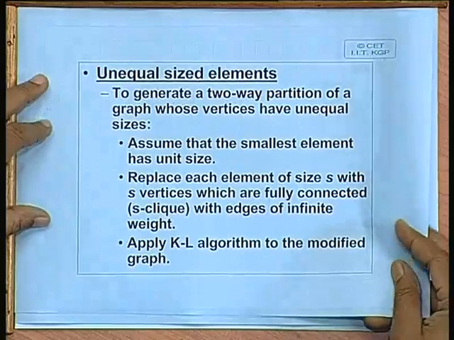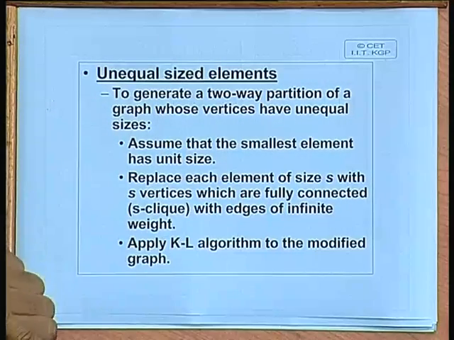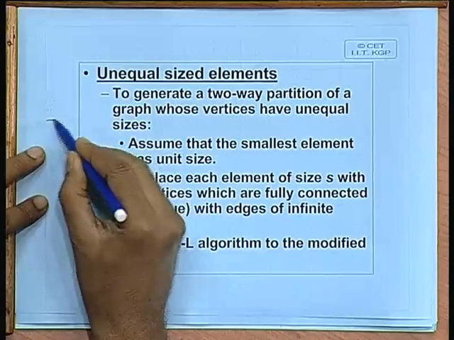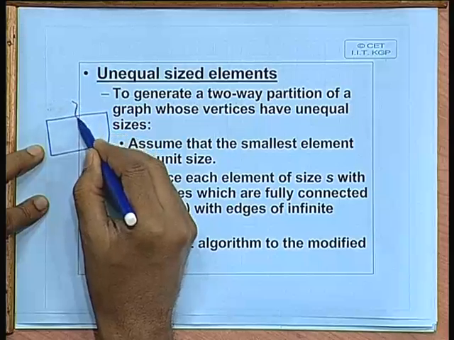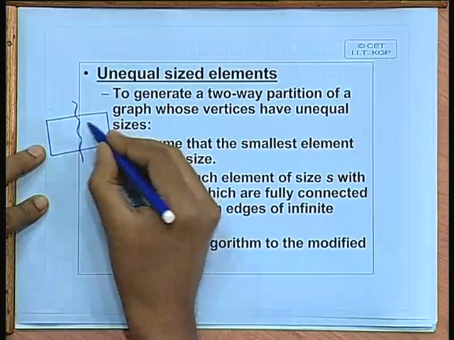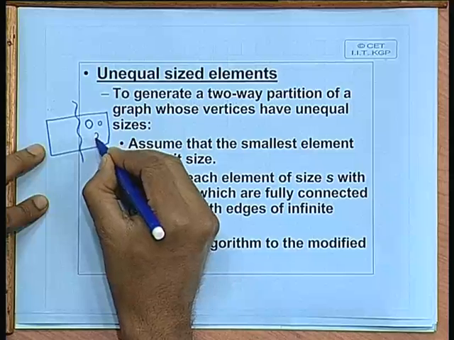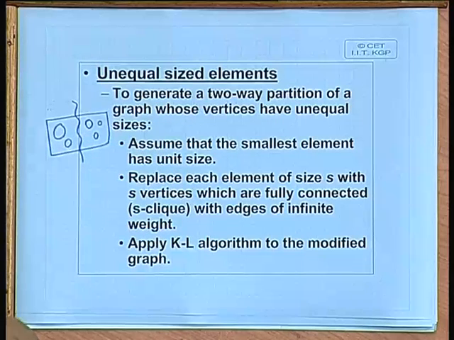So, the Kernighan-Lin algorithm can also be extended to the scenario where the sizes of the elements are unequal. Here we still want to partition the circuit into two halves, but now my nodes are not all of the same size; some are big, some are small.